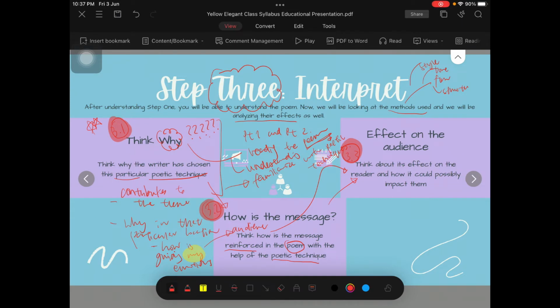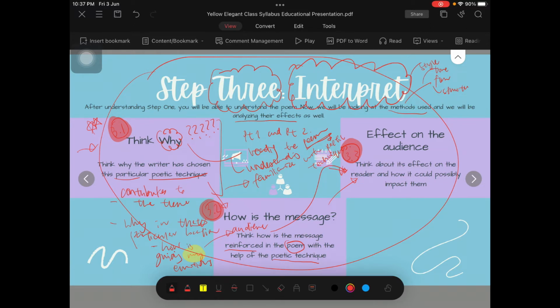This is why I've linked them all up into step 3, because even though they're three different sub steps, they still link up to one particular idea, which is interpretation. When you answer these three questions, these three sub steps, you're answering the bigger question, which is the interpretation.